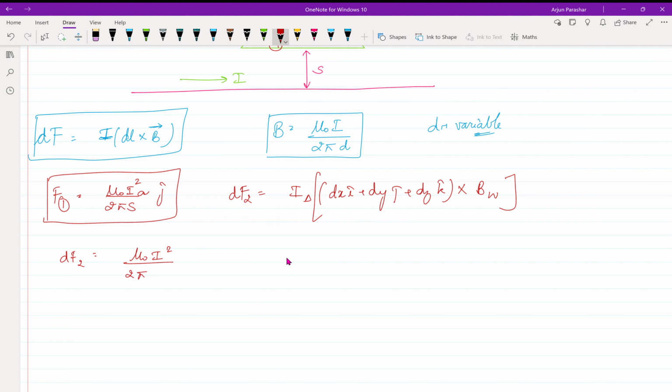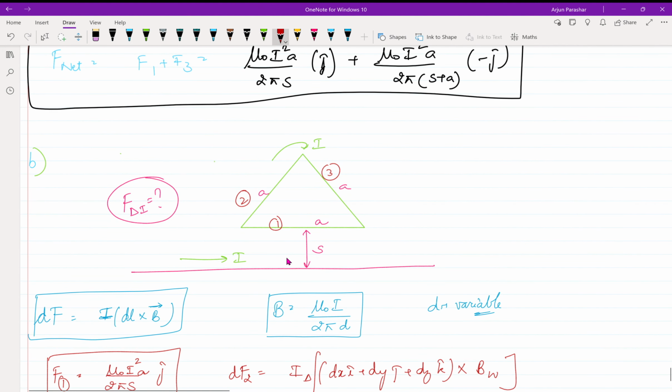Interesting thing is, the magnetic field is in the direction of k cap, and as the distance from this wire increases, this is also increasing, this is again increasing.